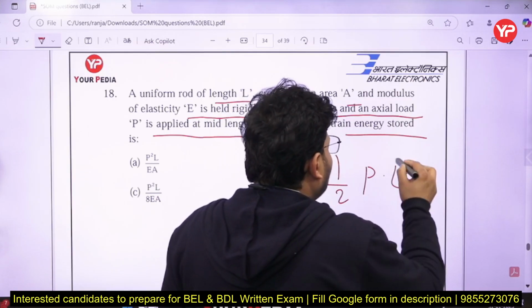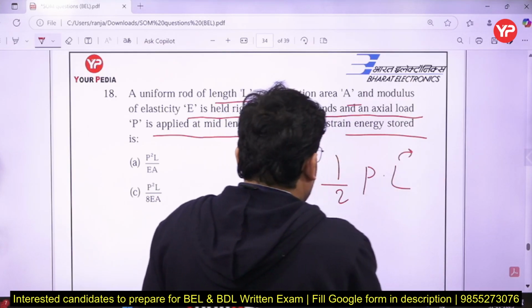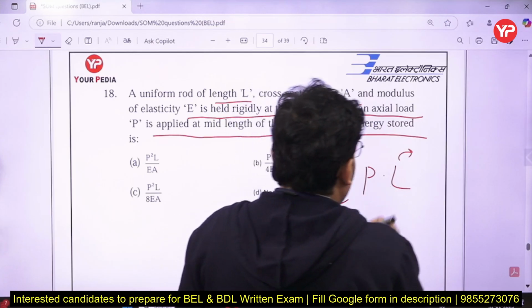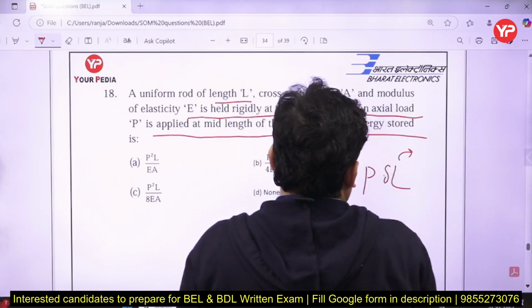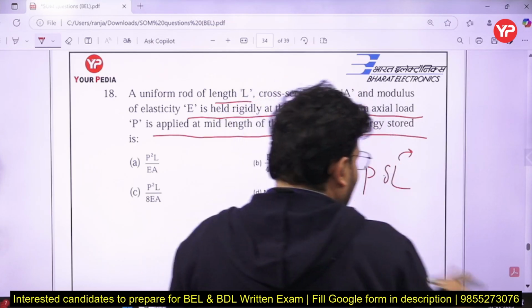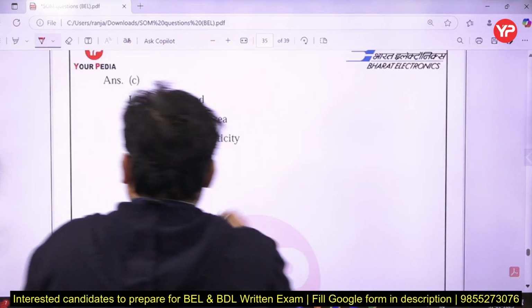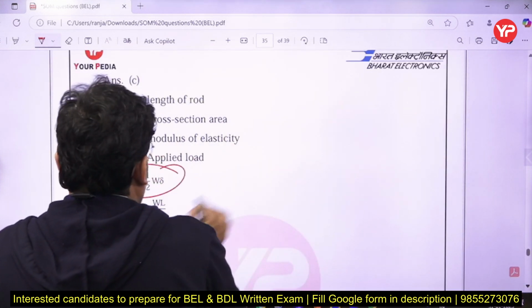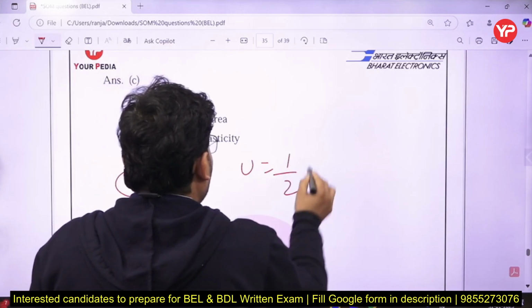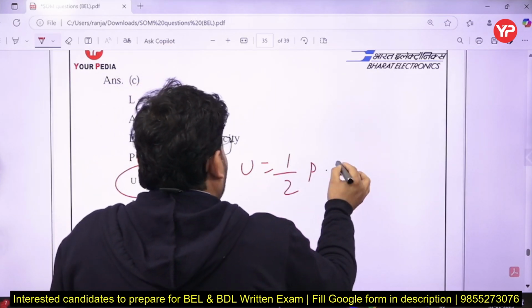What is delta? Change in length. So I am coming with the answer: U equals half P into change in length.